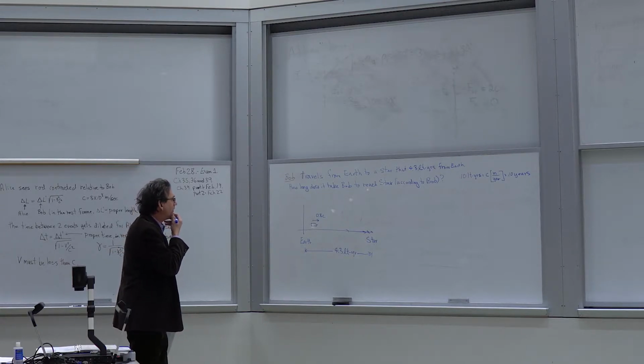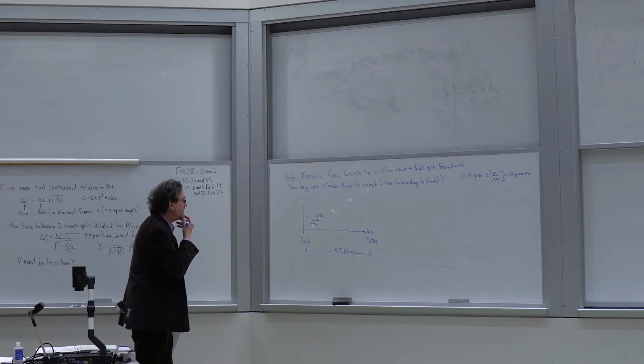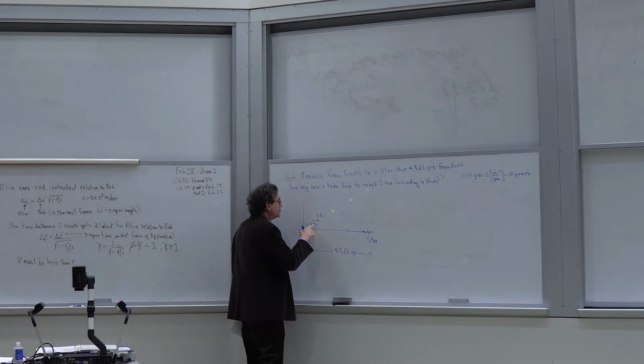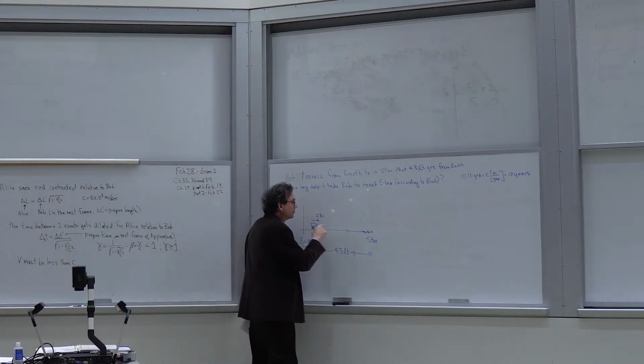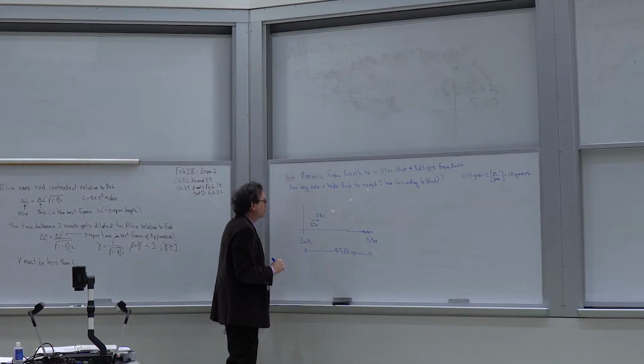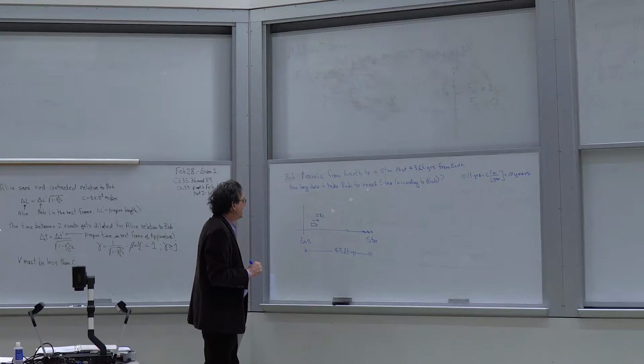Well, first of all, I know I can calculate this based on what Alice says. Alice is watching this object move from Earth to the star. In her frame, we know that the distance is 4.3 light years, and it's traveling at this speed.